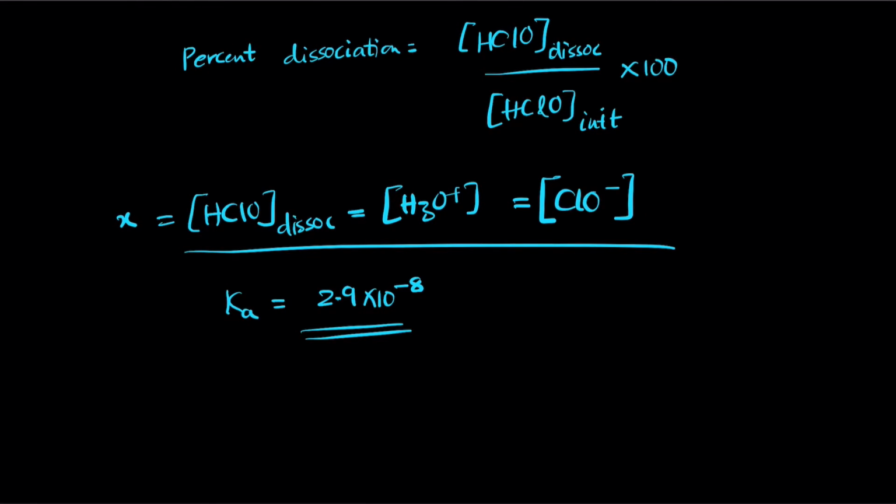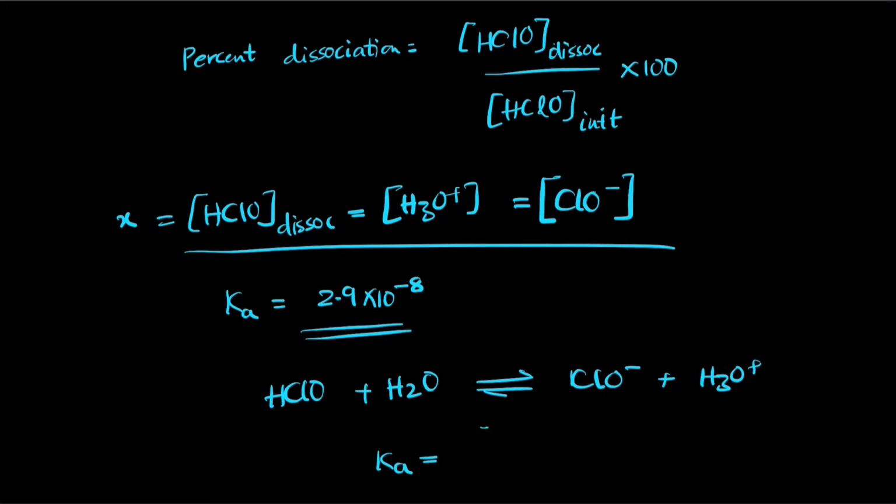So, taking into consideration the formula for the HClO dissociation, HClO plus H2O gives ClO- plus H3O+. The formula for Ka becomes ClO- times H3O+ divided by the concentration of HClO.